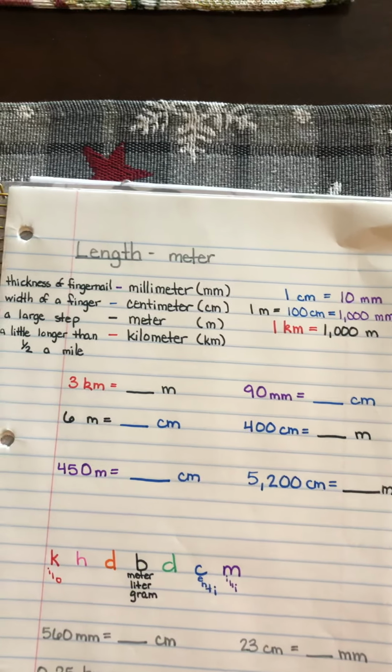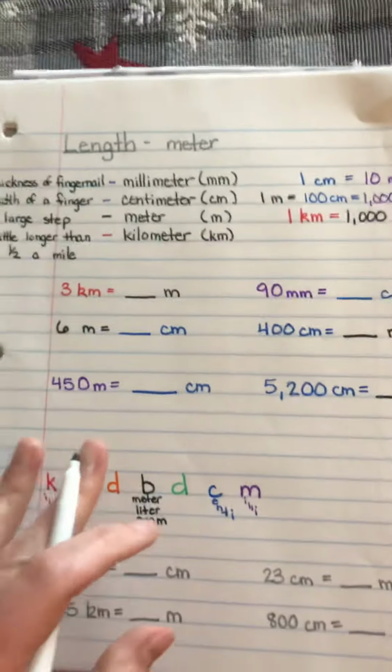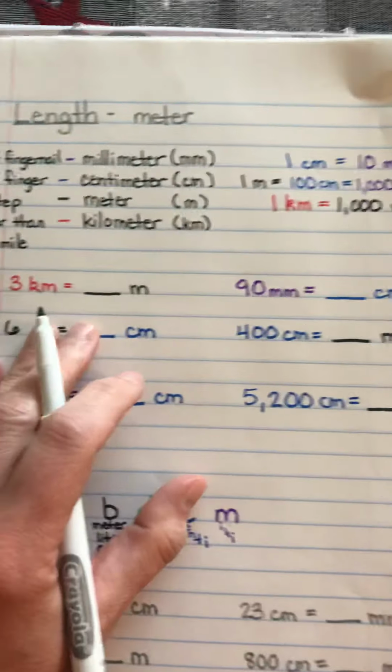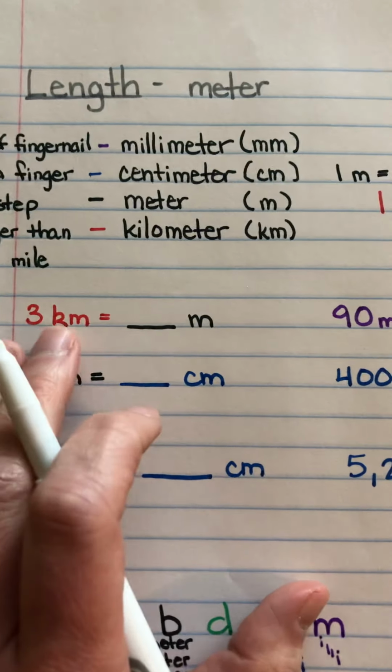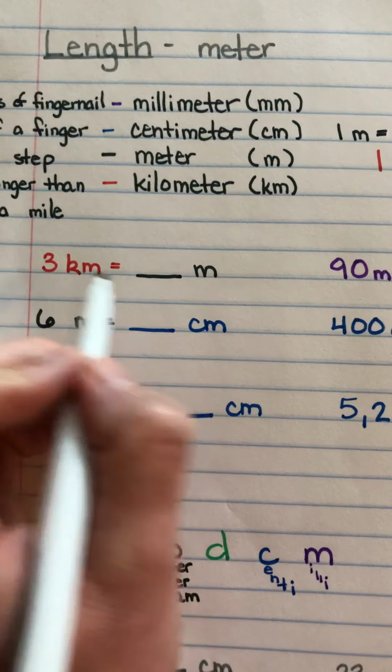Now our conversion rules are the same. I'm still gonna mark large or small to determine if I'm gonna multiply or divide, but my numbers are pretty easy. So when I look at my first conversion here, I wanna know how many meters are in 3 kilometers.